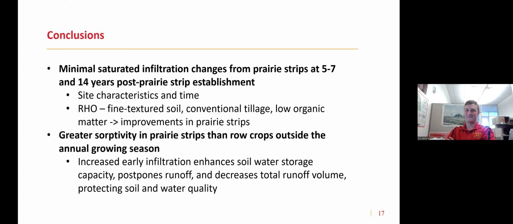There was one here: how were the prairie species selected? Was consideration taken into account of the soil types or the amount of rainfall that might be expected? Sure. The seed mixes can vary by what your goals are for the prairie strips. A grass-majority seed mix might be more economical, and it might have more benefits with regards to erosion control, infiltration, and soil and water conservation considerations.